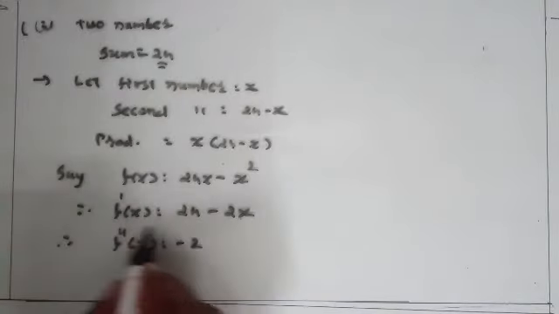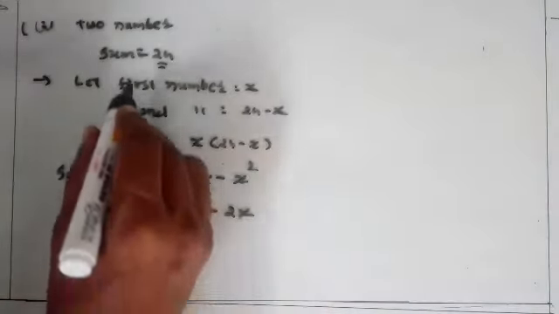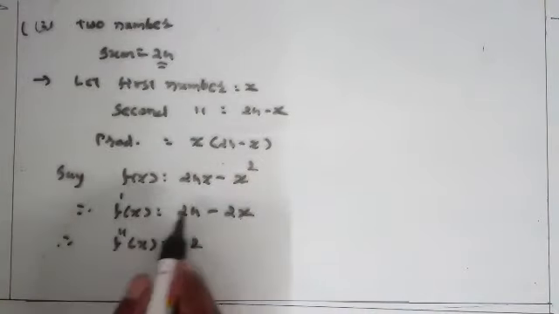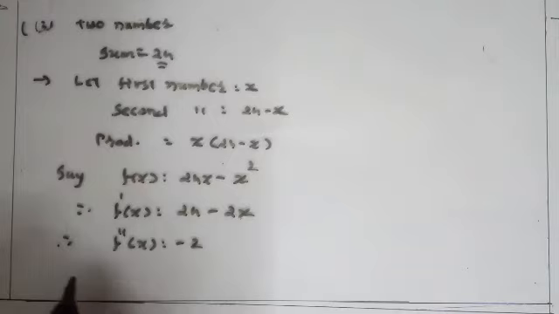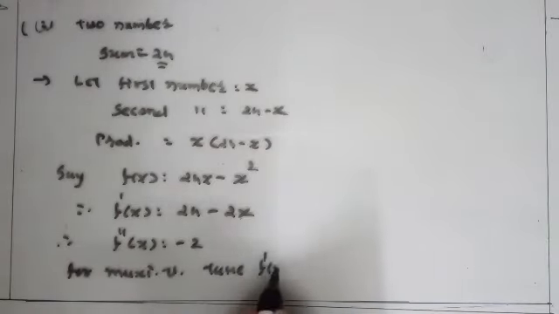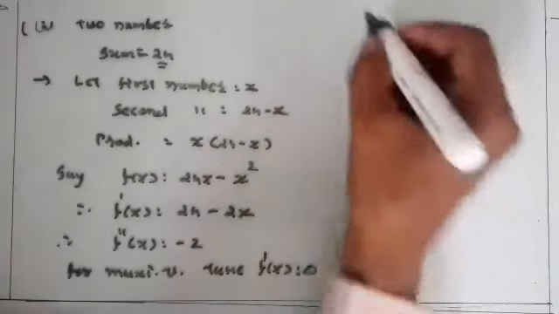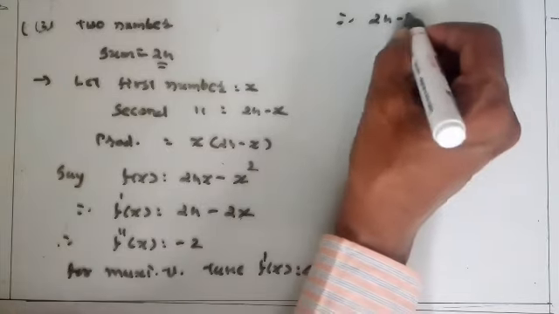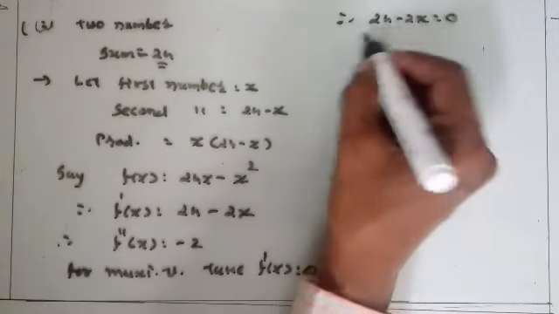Now to maximize this function f(x), compare f'(x) is equal to 0 and get the value of x. For maximum value, take f'(x) is equal to 0. Therefore, here f'(x) is 24 minus 2x is equal to 0.